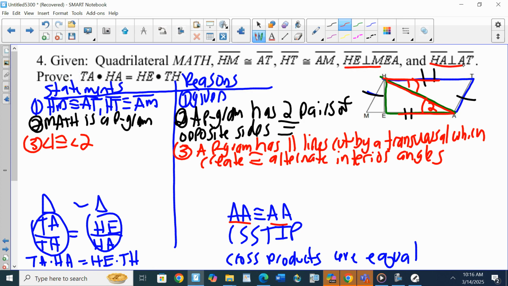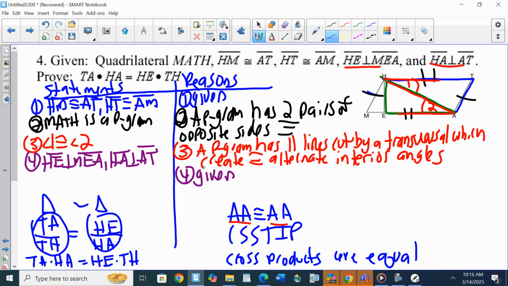There we go. I got some perpendiculars. So I'm going to essentially do the same thing that I did in the last problem with the perpendiculars. I'm going to state that HE is perpendicular to MEA, and HA is perpendicular to AT, given. And now I know that perpendicular lines form congruent right angles.